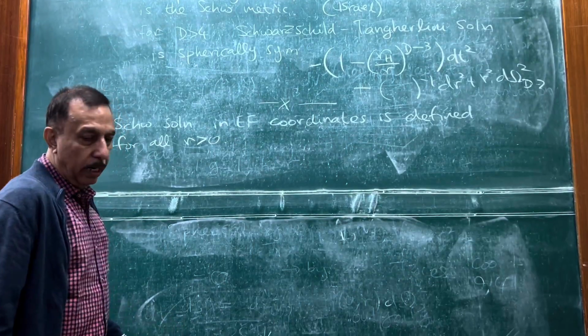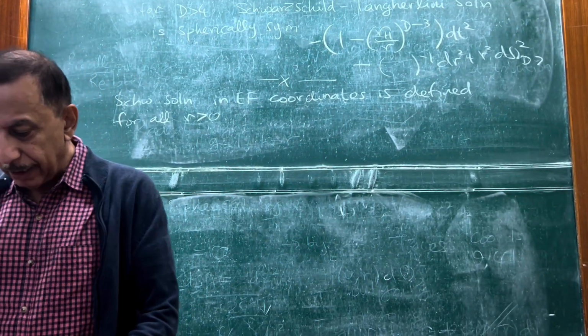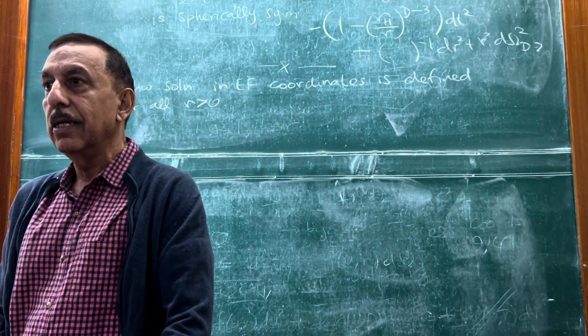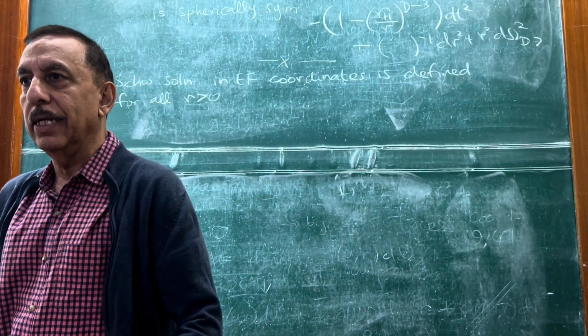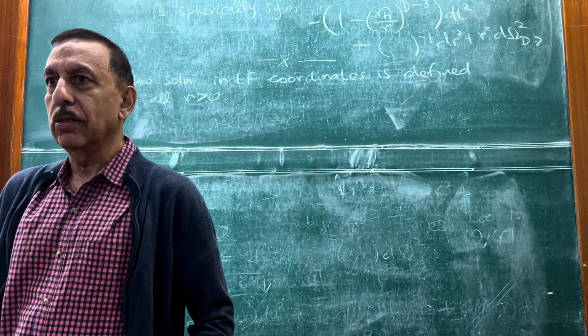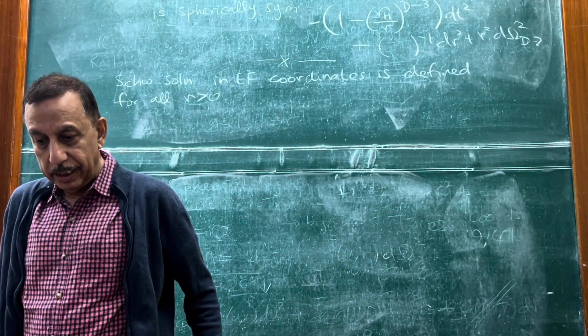Okay. And now we can recycle our discussion of null rays, where we assume that they are radial and null. So that's the behavior of light traveling radially.